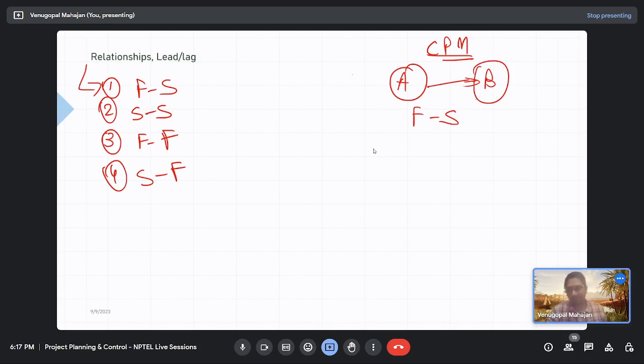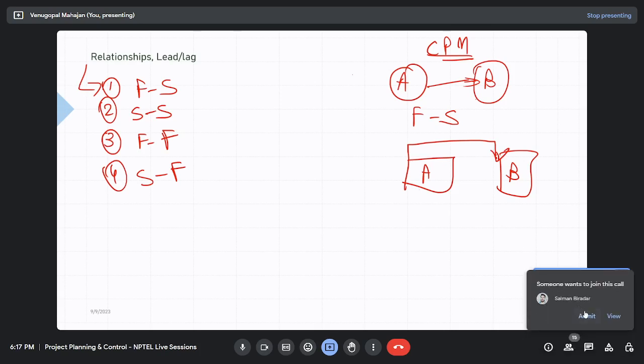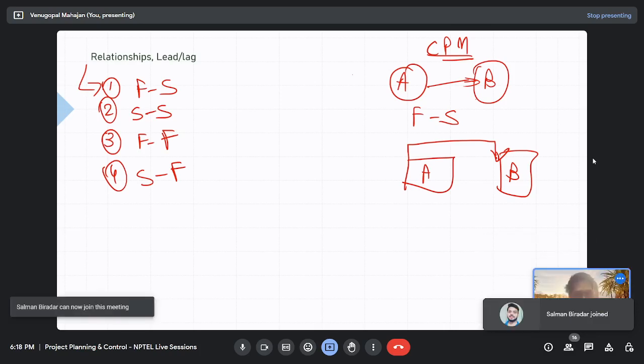But what start to start relationship actually looks like is, as soon as activity A starts, activity B starts, or activity B can start. Let me repeat it. As soon as activity A starts, activity B can start.